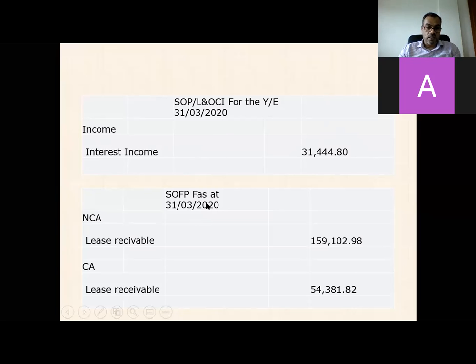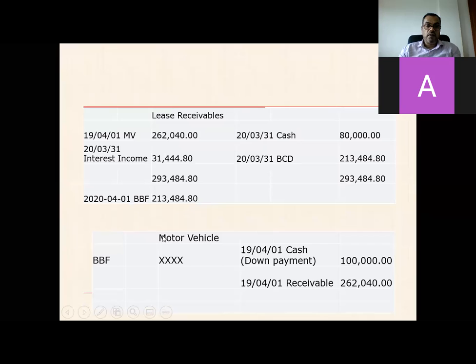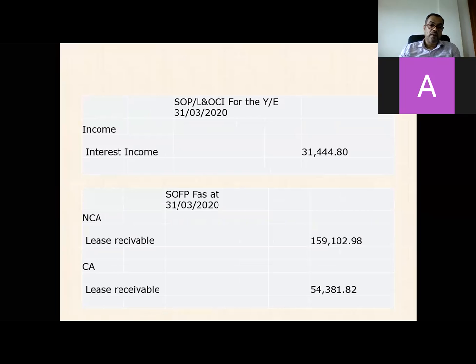Then the financial position, the balance sheet. Even though initially you made the payment for lease, payment to the manufacturer or the dealer to acquire this asset for the lessee, you do not recognize this as an asset in the name of machine or motor vehicle.